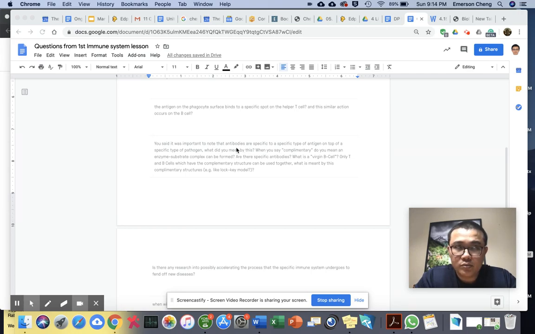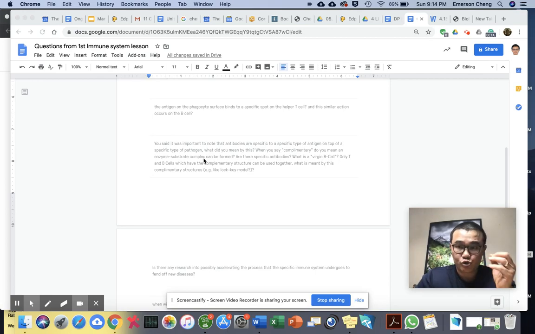So one type of antibody is only specific or will bind to one type of antigen. It's very similar to what we were talking about, enzyme substrate complex. They're not enzymes nor substrate, but they are following that same concept, that same idea.